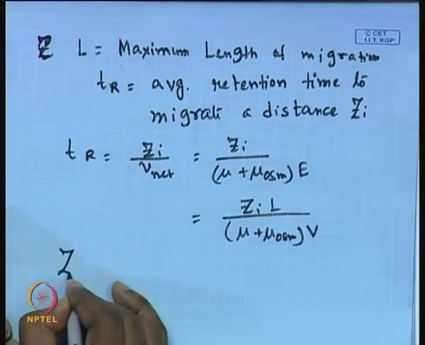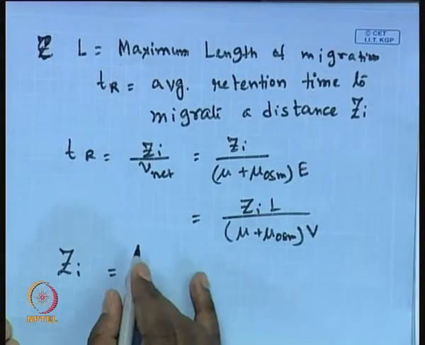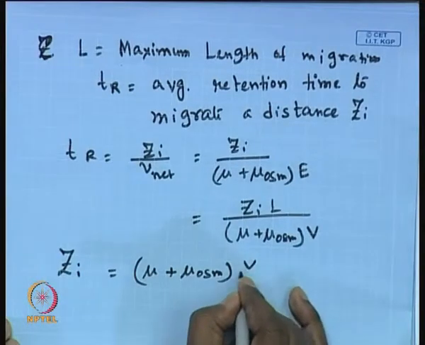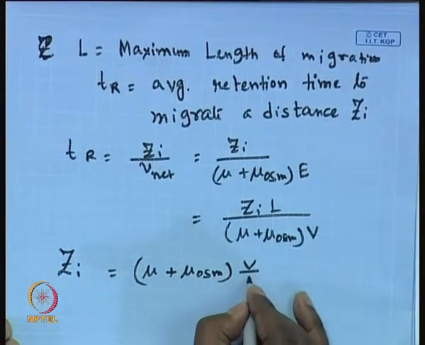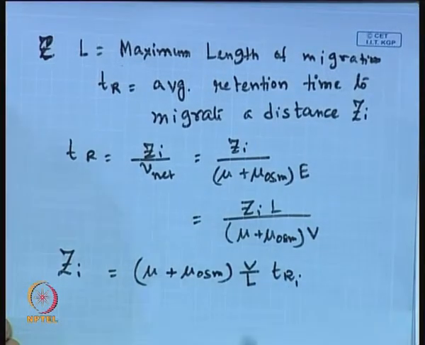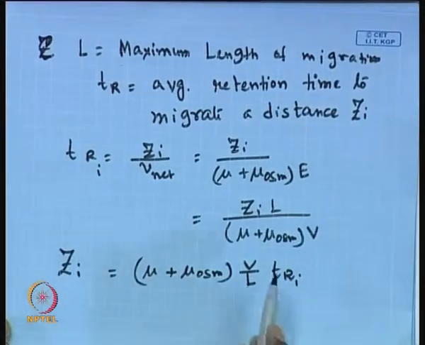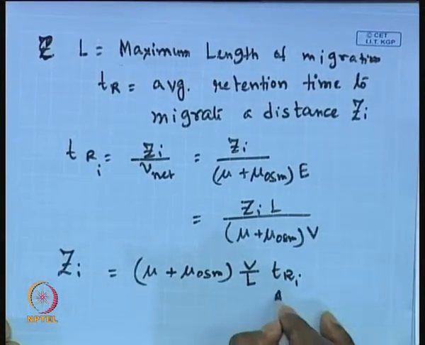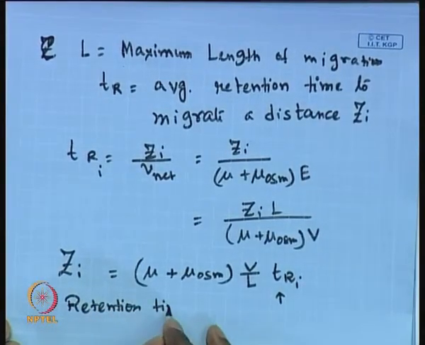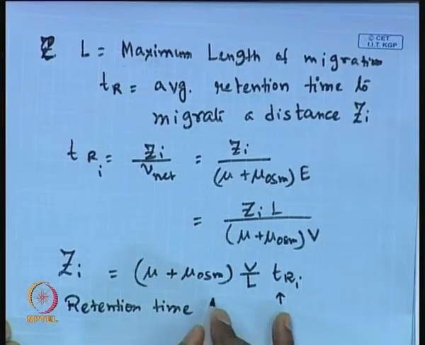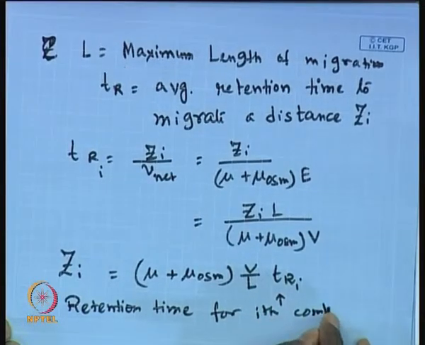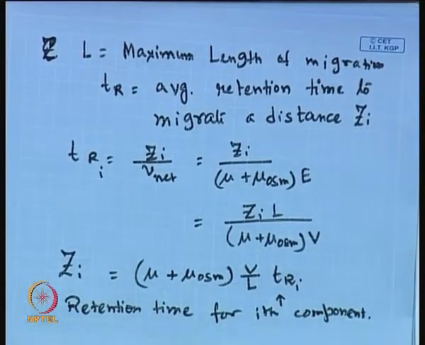So, the expression of Zi can be obtained as mu plus mu OSM times V by L times Tr I. Let us say Tr I is the retention time corresponding to the ith component.